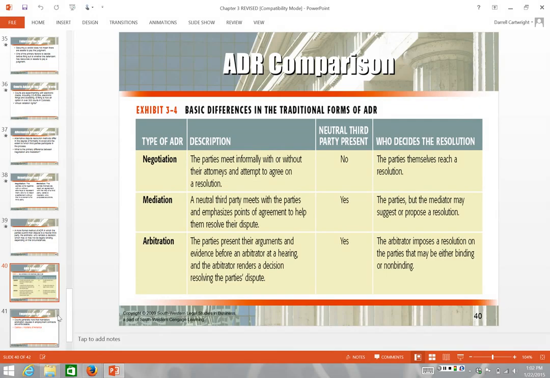The third party in mediation is known as a mediator, however, and he does not decide anything. He or she may come up with a proposed resolution, but no one is required to accept it. On the other hand, in arbitration, the arbitrator is going to issue a ruling or a decision, and both sides must abide by it.